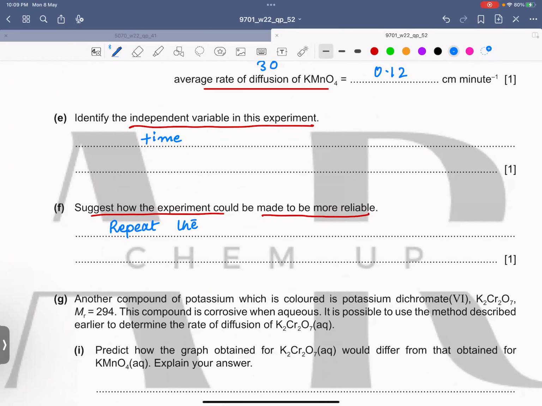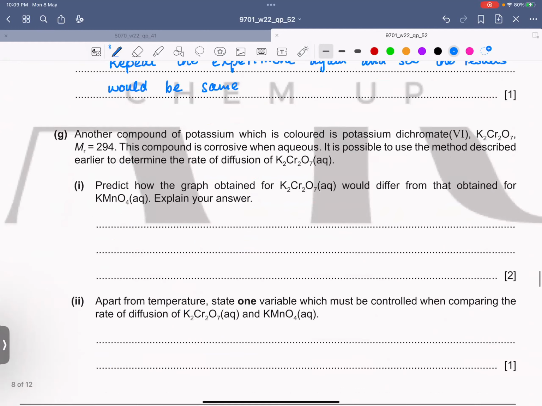Repeat the experiment again and see the results be same. Is this clear to everyone? Yes.